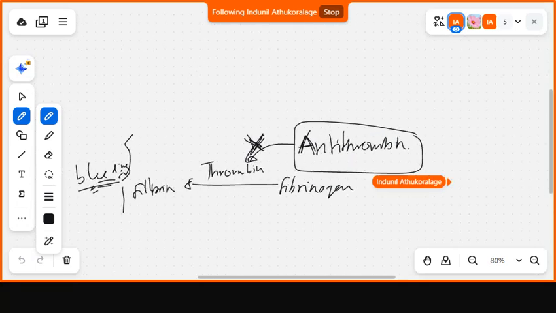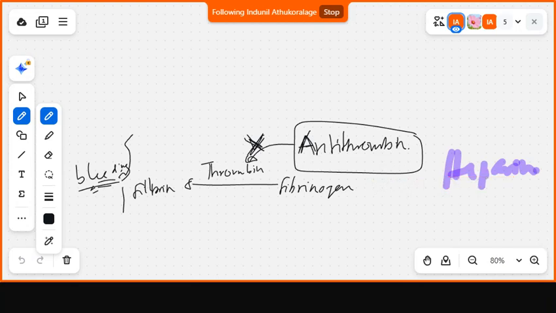But what heparin does is, heparin will stimulate or promote the action of antithrombin, right?